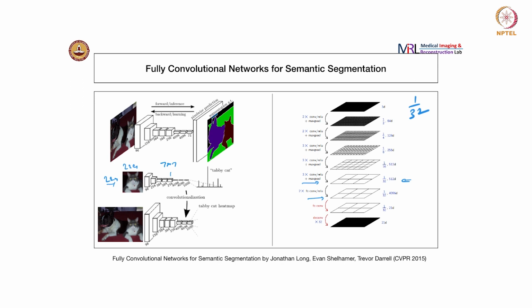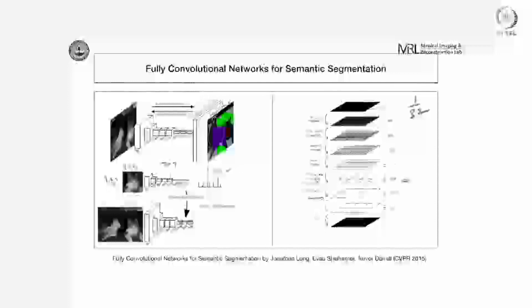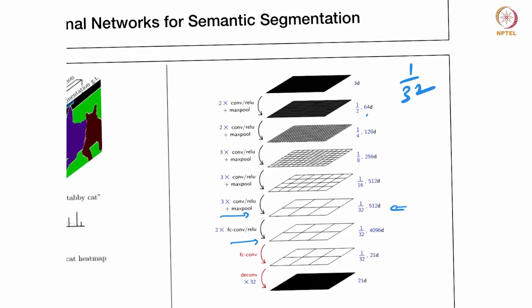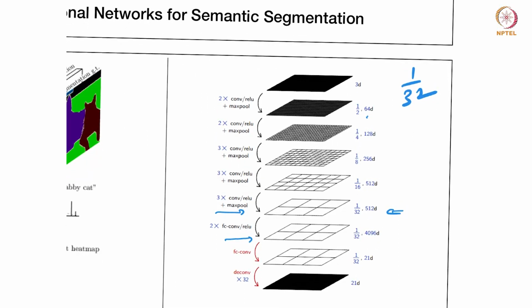So this is a typical architecture. These numbers tell you the size. Let me zoom in a little bit to show you. This is 3 channels of a certain size, and then if you do 2 convolution layers, a non-linearity followed by max pooling, you would end up with 1/2 the size, and of course you can have as many outputs as there are filters, which in this case is 64.